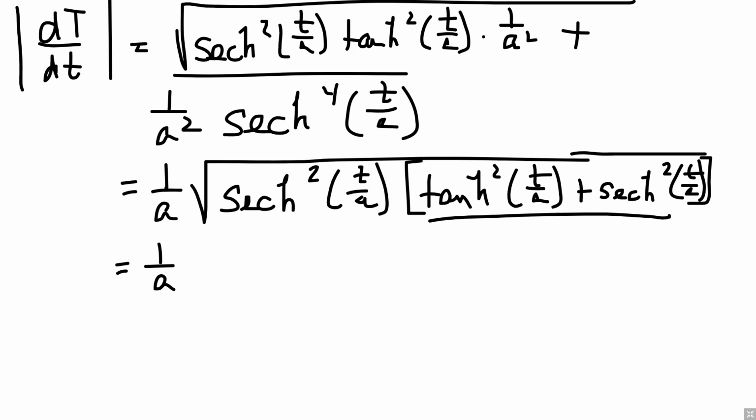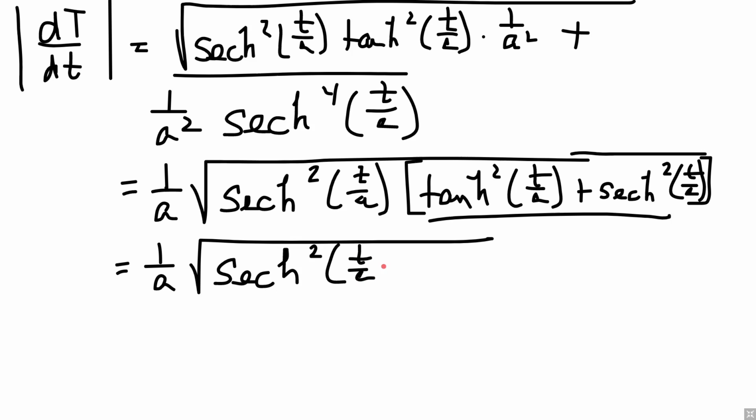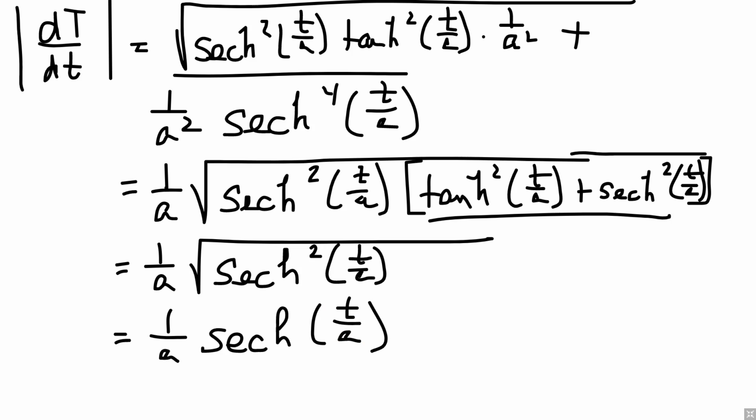So we get 1 over a times the square root of hyperbolic secant squared of t over a times 1, or we just end up with 1 over a times hyperbolic secant of t over a. So that's what you should have for the magnitude of dT/dt.